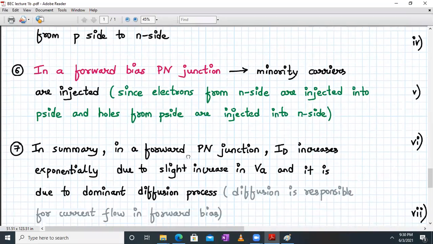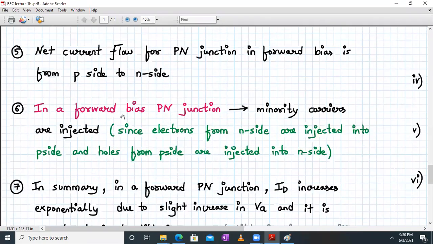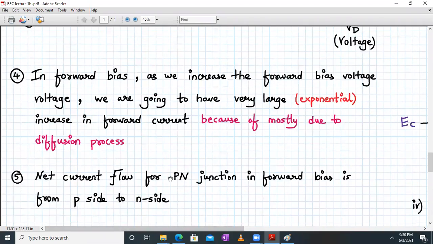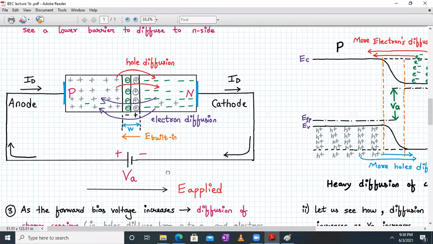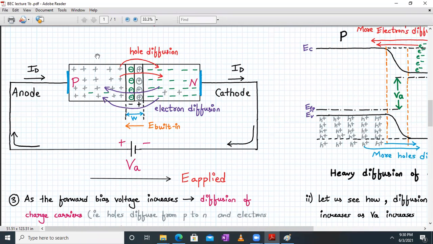Now, in summary, in the forward bias, the possibility of diffusion goes on increasing as the voltage VA goes on increasing. And we can also say that the net current flow in the PN junction in the forward bias is from P side to the N side.